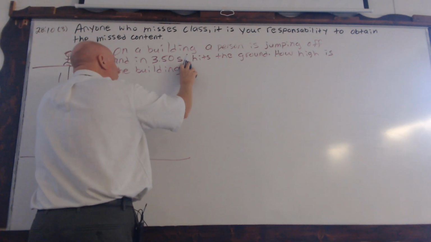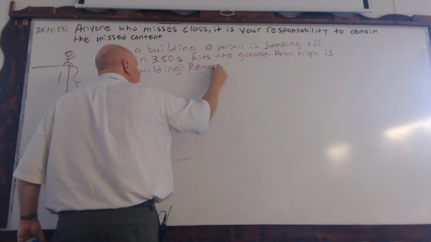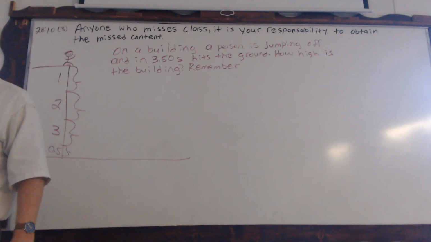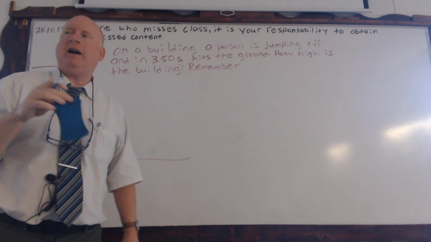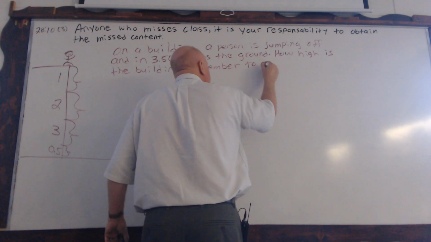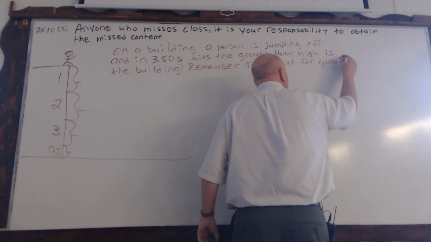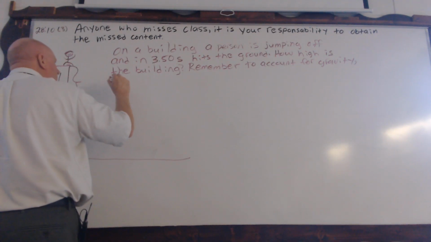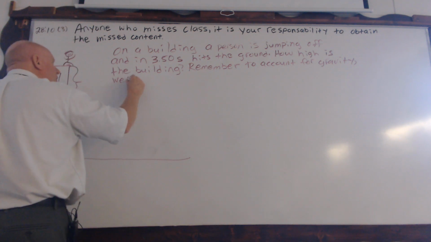I'll make that a question mark then. I'm going to put a little hint here because we already answered this: it's a what type of component? Gravity. Well, it's a vertical component, so you must compensate for what? Gravity. So remember to account for gravity. And we presume, I don't like the word assume, so I always say presume.